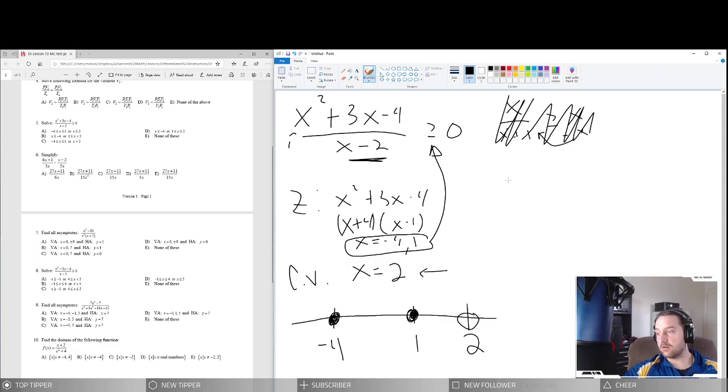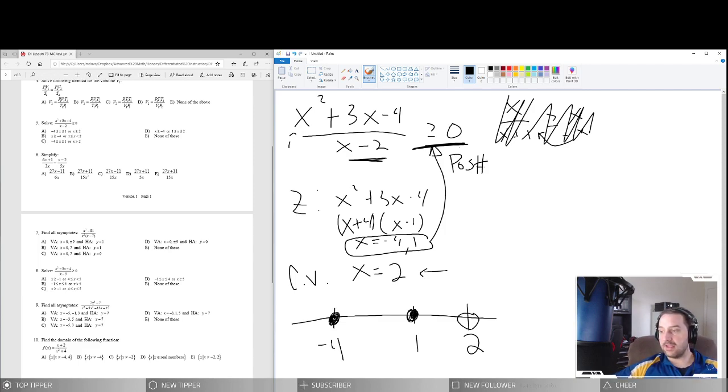That's all we need to do. I like doing the sign chart. It's a little quicker. So the inequality, we interpret it. It's asking for values greater than or equal to 0. So values that are greater than or equal to 0 are positive values. So that means that anytime I get a positive number, it's automatically true.